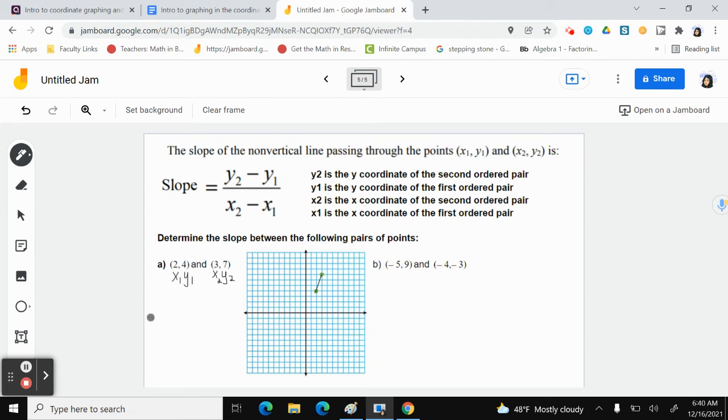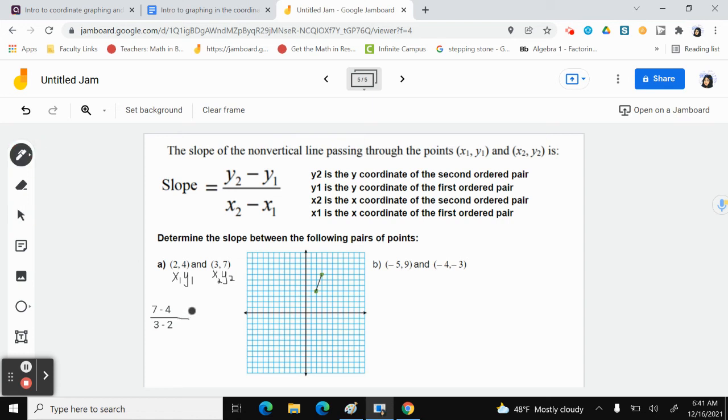So I'm going to set up a fraction. So I'm going to subtract the second y coordinate from the first y coordinate. So my second y coordinate is 7. My first y coordinate is 4. And my formula says to subtract my second x coordinate from my first x coordinate. My second x coordinate is 3. My first x coordinate is 2.